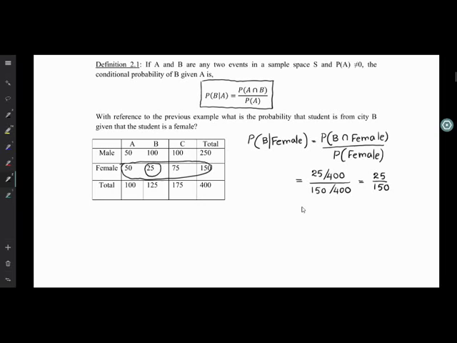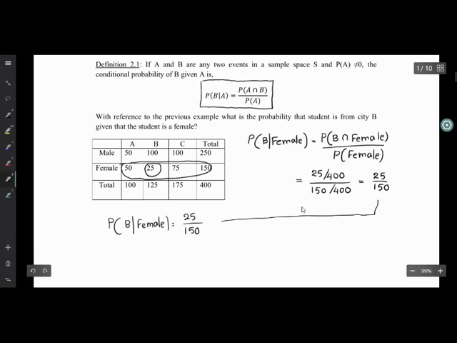Out of them, there are 25 from city B. So the probability of B given female will be 25 out of 150. So you see that you get the same answer. If you have your question in a table like this example, either you can use the table straight away and answer the questions, or you can use the formula from the definition.